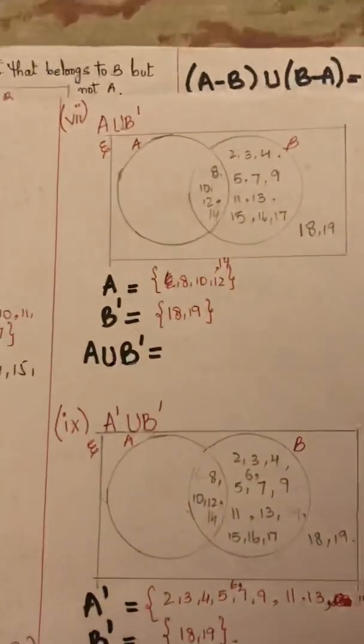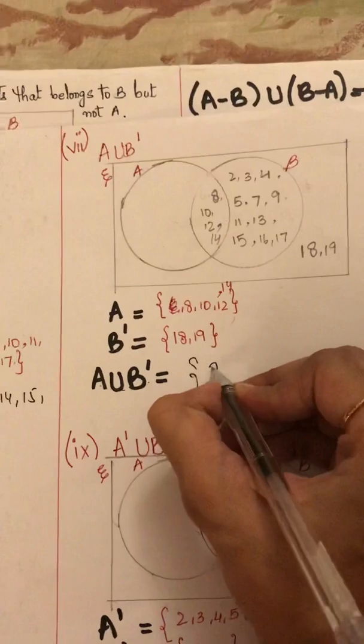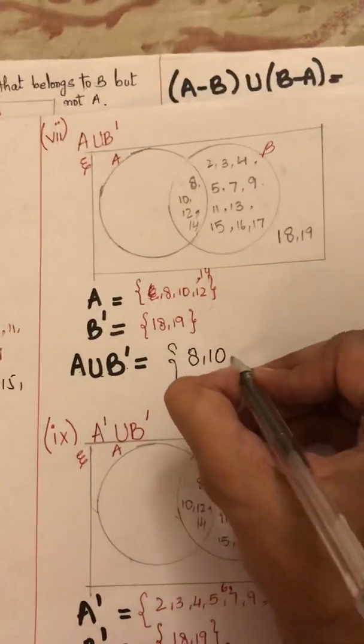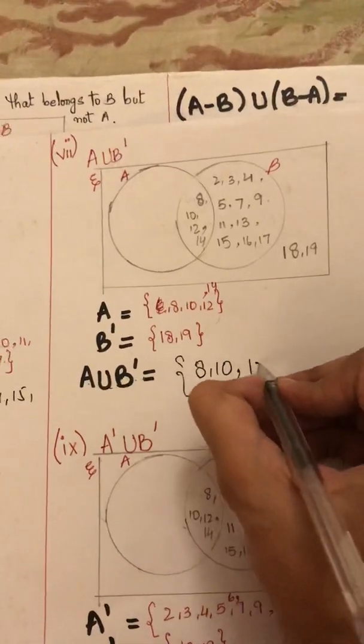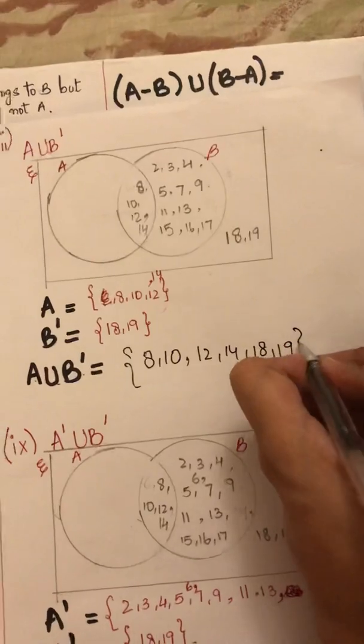So let's write down the answer. A union B complement is 8, 10, 12, 14, 18 and 19.